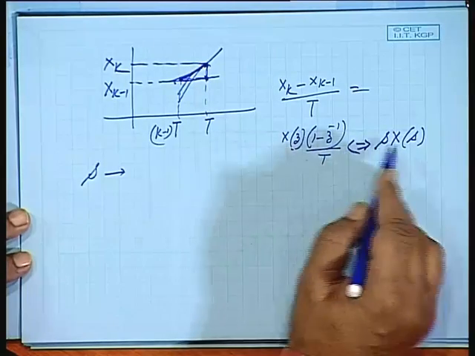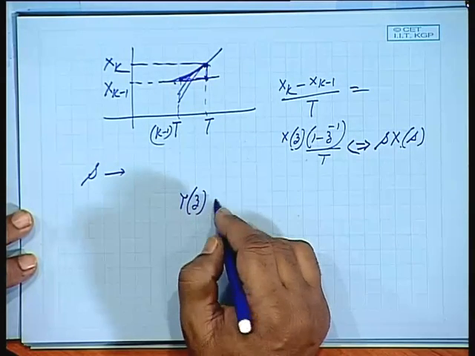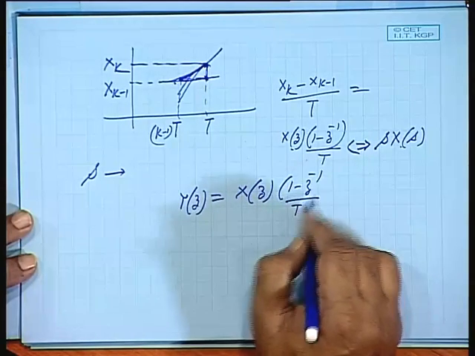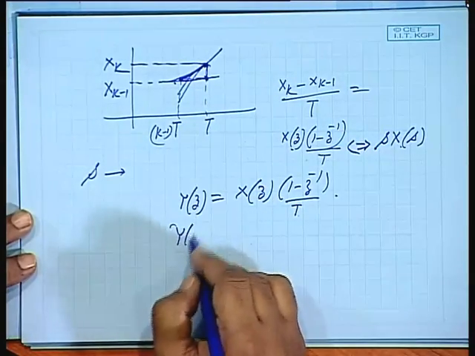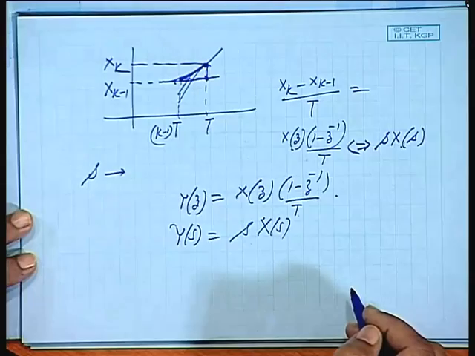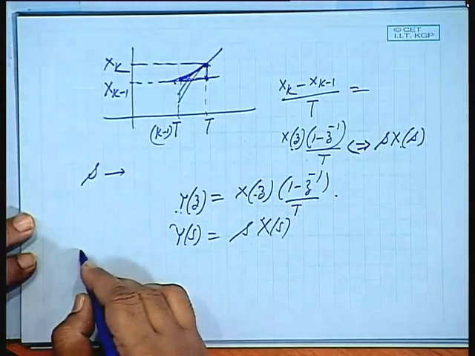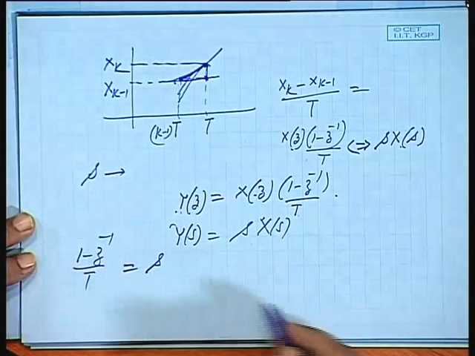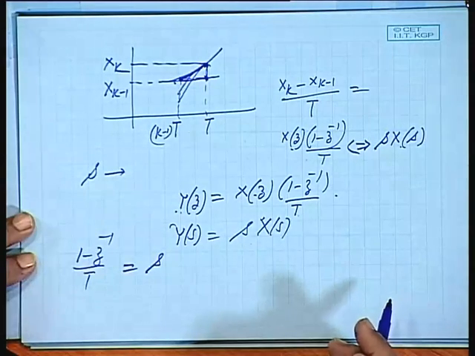So, leave aside X(z), rather if I say Y(z) is the corresponding output, Y(z) is in one case X(z) into 1 minus z inverse by T, if this product can be taken as the output Y, and Y(s) is s times X(s) in the s domain. So, what we are equating is Y by X, the transfer function in the first case, is 1 minus z inverse by T. In the second case it is s. So, s is 1 minus z inverse by T.